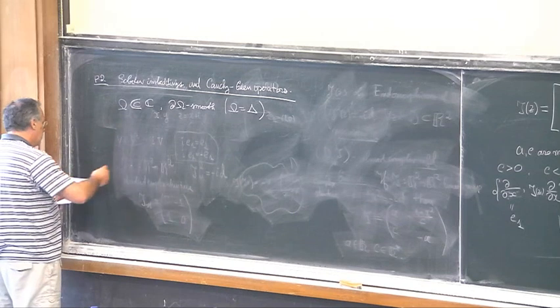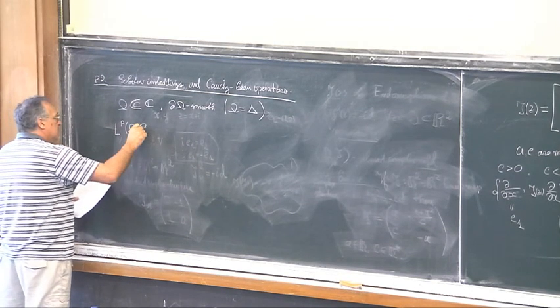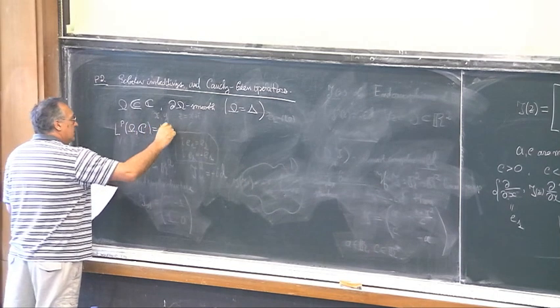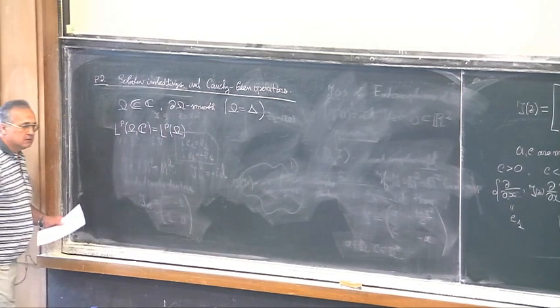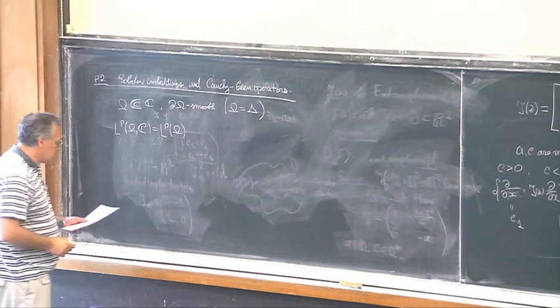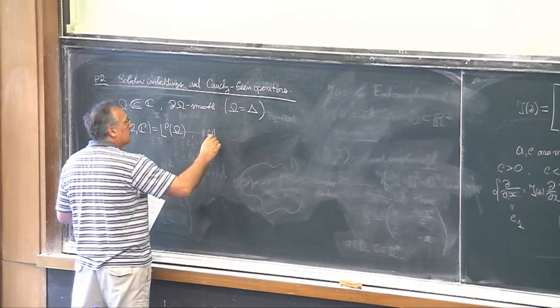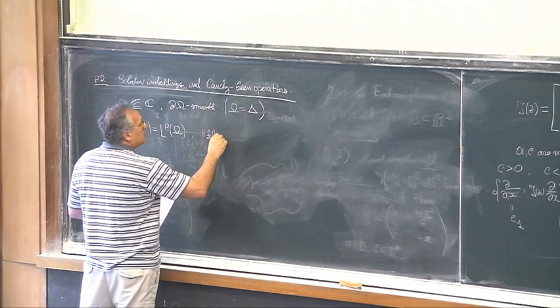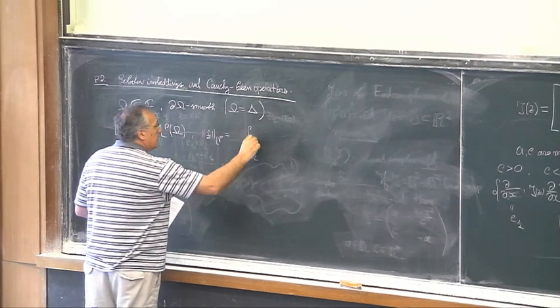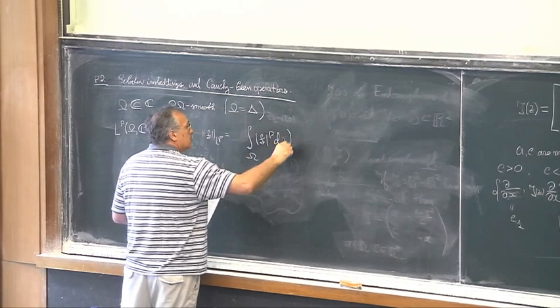By L^p of Omega, C, or simply L^p of Omega, we shall denote the usual L^p space with the norm the integral over Omega of modulus f to the power p d lambda, to the power 1 over p.